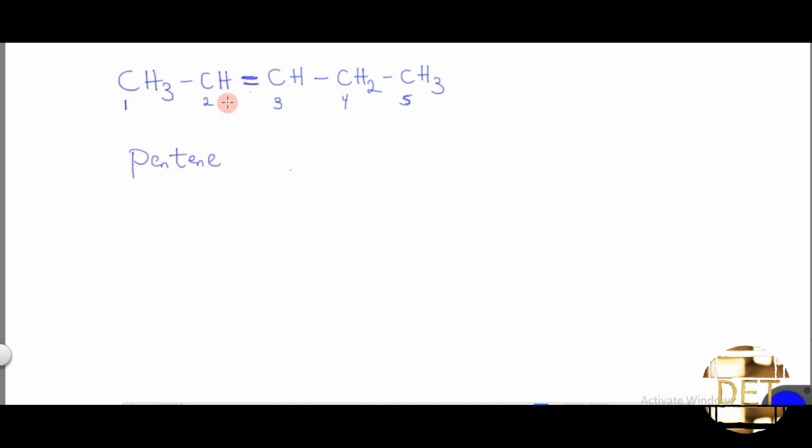Therefore, the IUPAC nomenclature of this compound is pent-2-ene. That tells you that the double bond is at the second carbon atom in this pentene chain. So this is the IUPAC name of this compound, pent-2-ene.